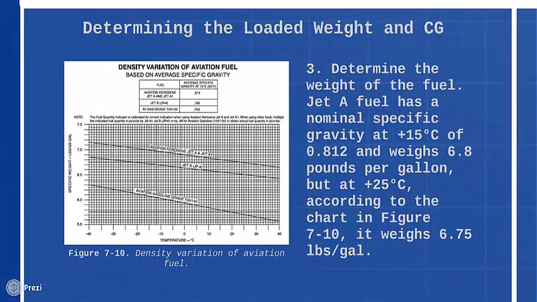Third, determine the weight of the fuel. Jet A fuel has a nominal specific gravity at +15 degrees Celsius of 0.812 and weighs 6.8 pounds per gallon. But at +25 degrees Celsius, according to the chart in Figure 7-10, it weighs 6.75 pounds per gallon.